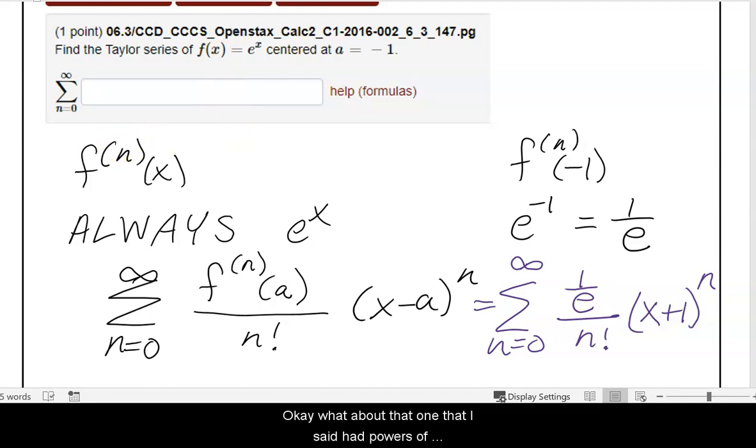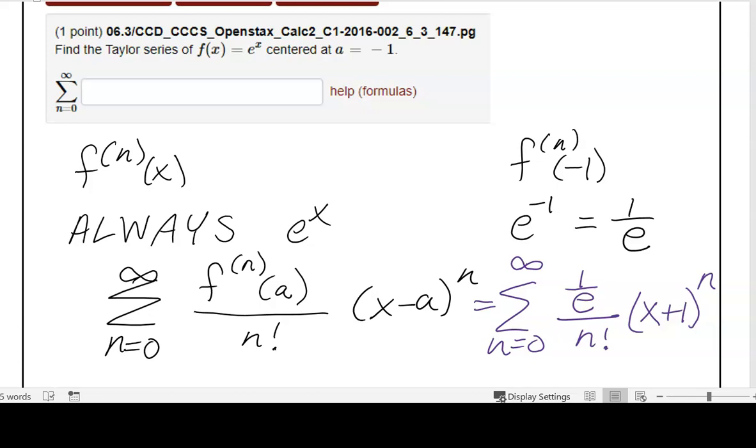Okay, what about that one that I said had powers of e? Where was that? It was in here somewhere. Maybe it was after that, so that you can compare the two. Where was that? Nope, it's not that one.